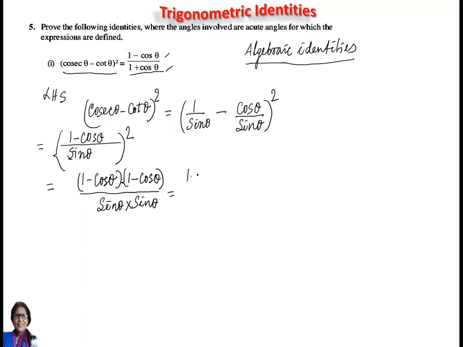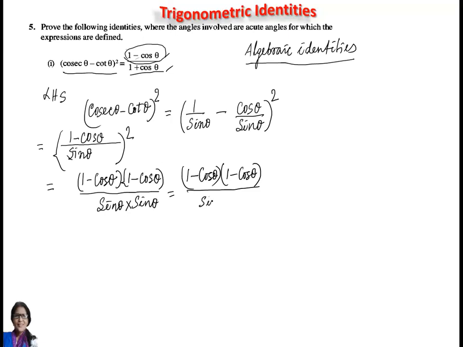Then it is 1 minus cos theta multiplied by 1 minus cos theta. I'm not multiplying out. Now the question is why I'm not multiplying? Because always observe your right hand side. Here it is 1 minus cos theta. That means I'm getting 1 minus cos theta. No need of squaring or expanding.